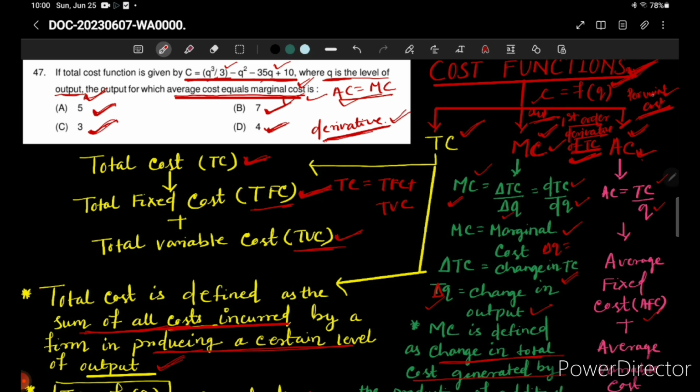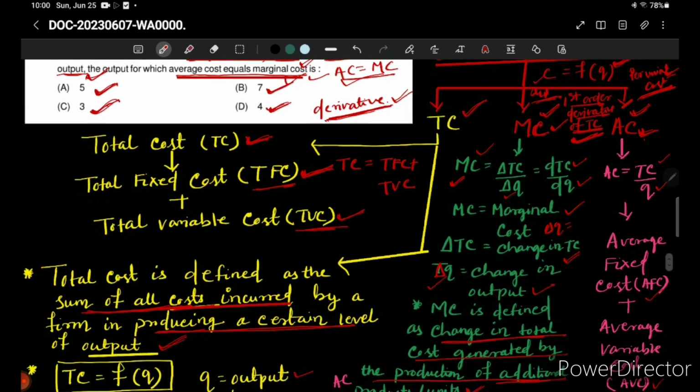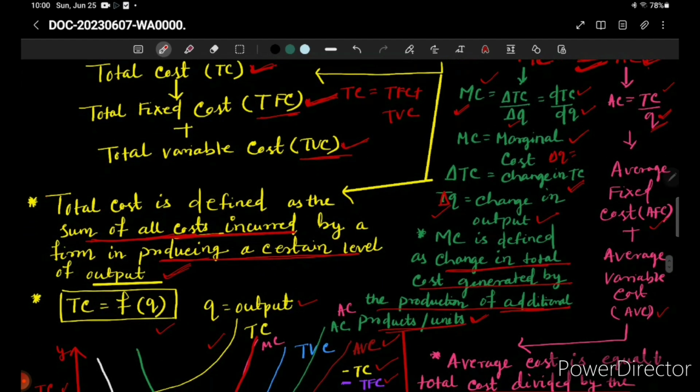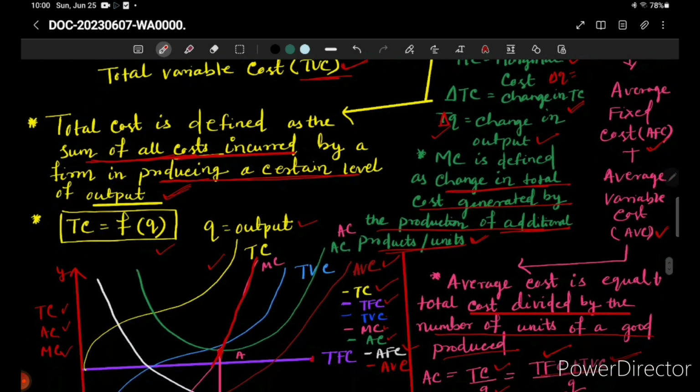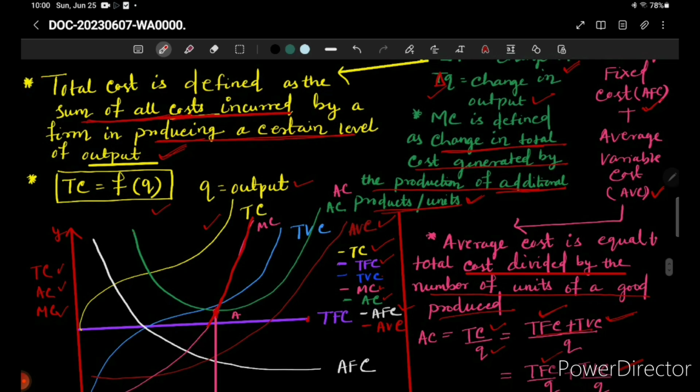The formula of average cost is total cost divided by Q, TC by Q. Or we can say that average cost is again the combination of two cost functions, that is the average fixed cost function and average variable cost function. And average cost equals the total cost divided by the number of units of goods produced.